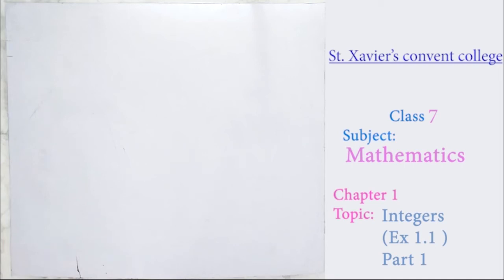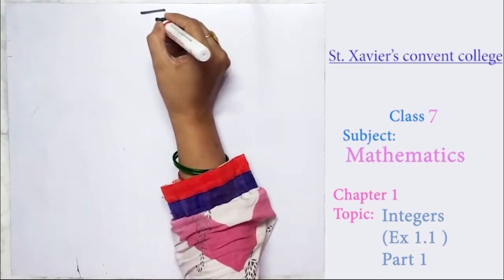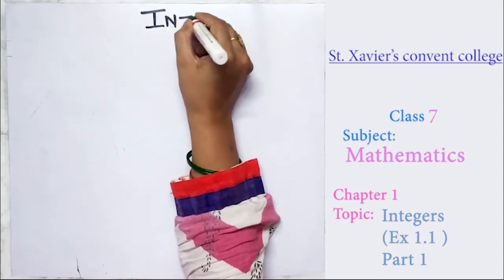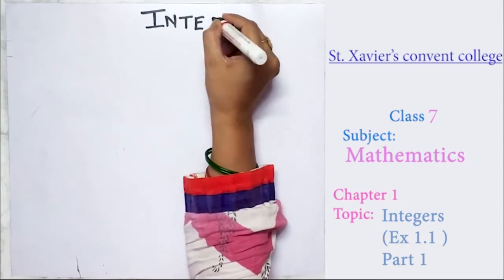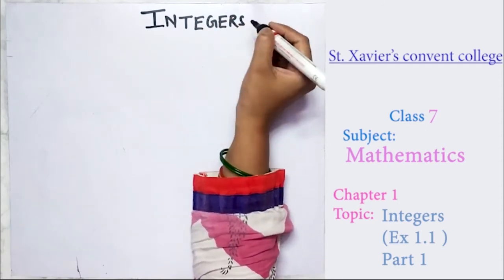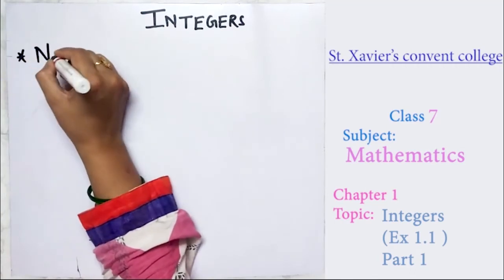Now we are starting here with the class 7, first chapter, integers. You must have studied in class 6 about the natural numbers. So the first topic of the discussion is natural numbers.